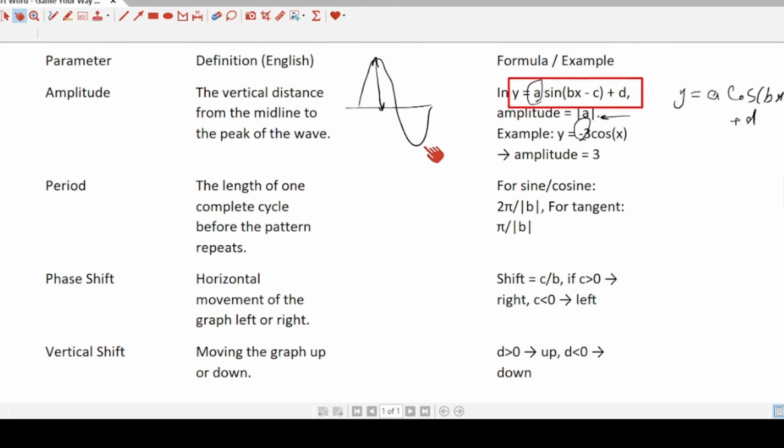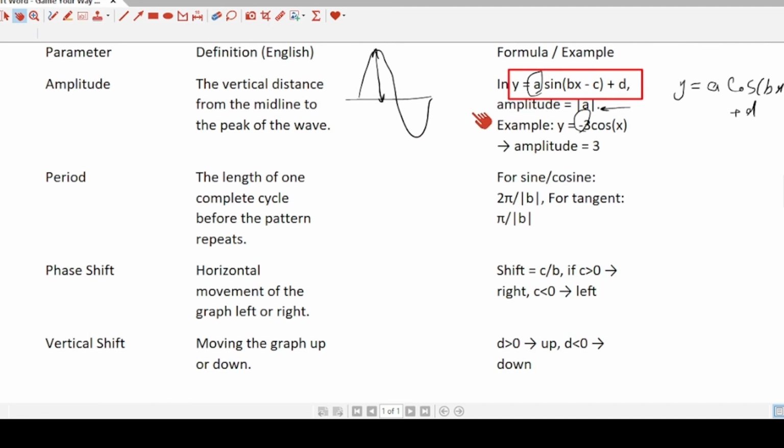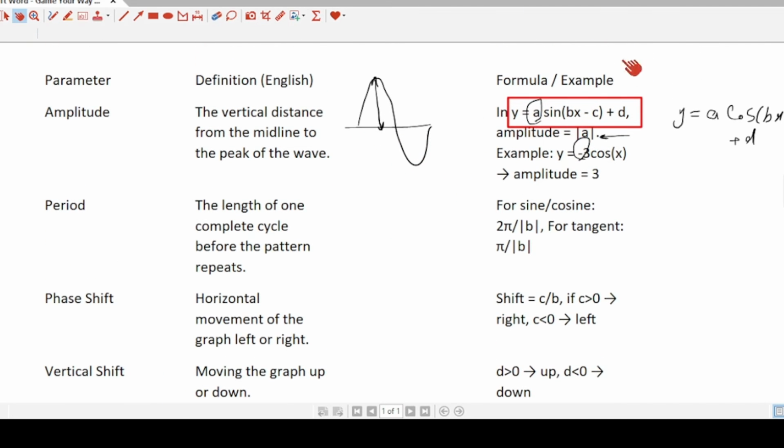We want to examine one full cycle, meaning a complete rotation, and see how it is. That is, when we move one full turn on the unit circle, how the graph looks. One complete trigonometric cycle is equal to 2 pi divided by the absolute value of the coefficient of x.